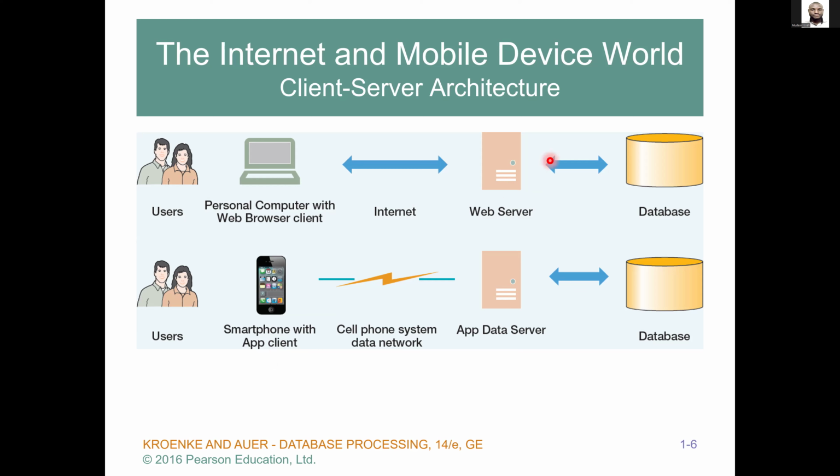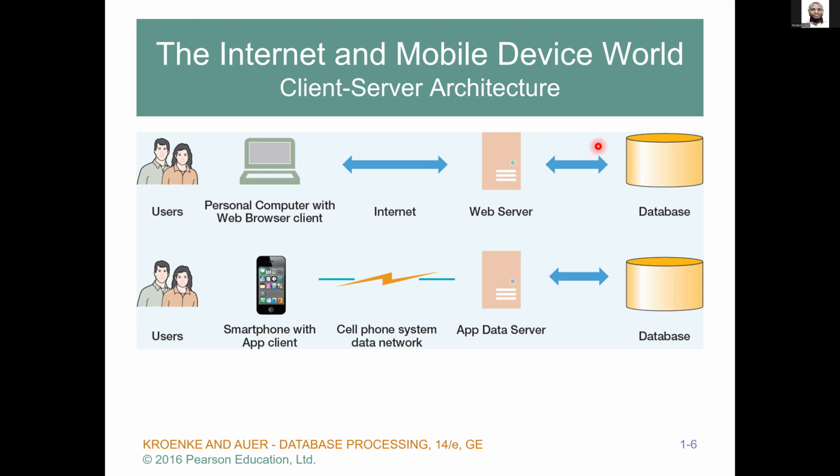Now, these servers have what we call a database, where information is stored. You get it? So through the internet, the clients access what? The server. The server picks information from the database and serves it to us.